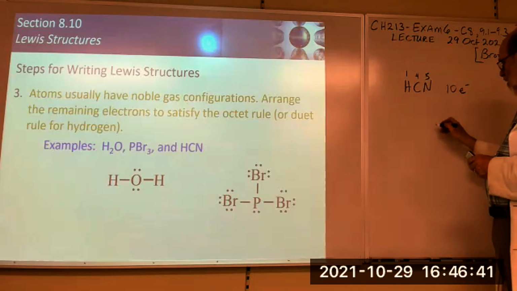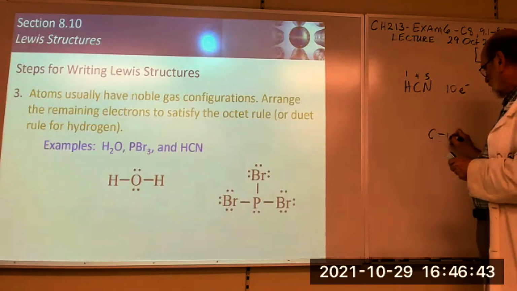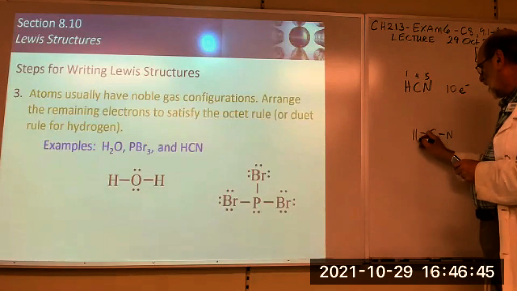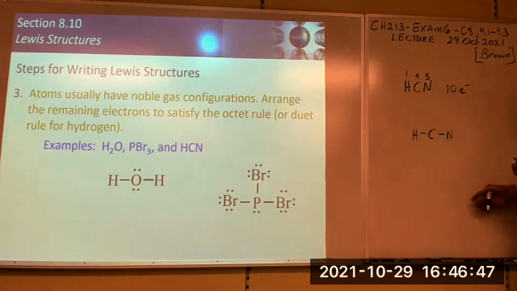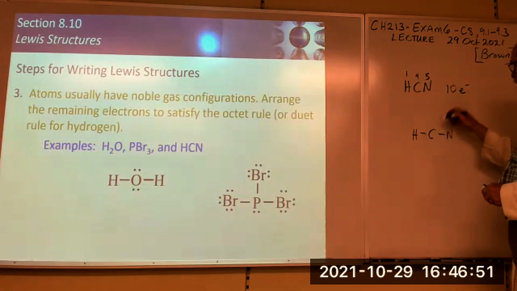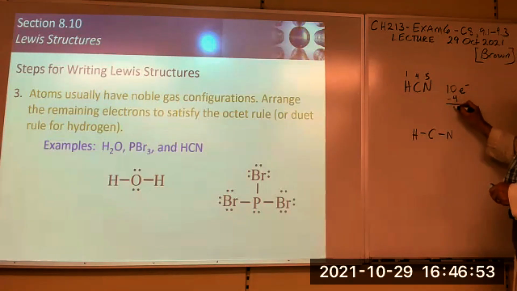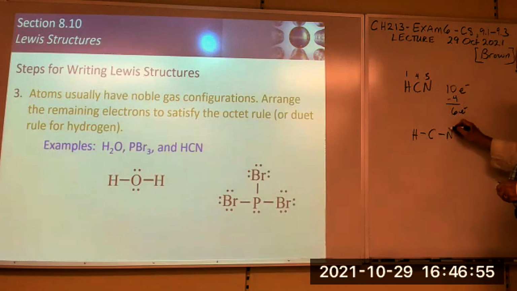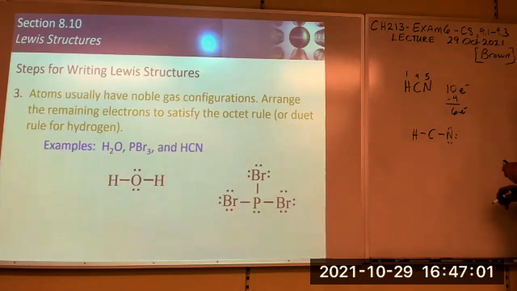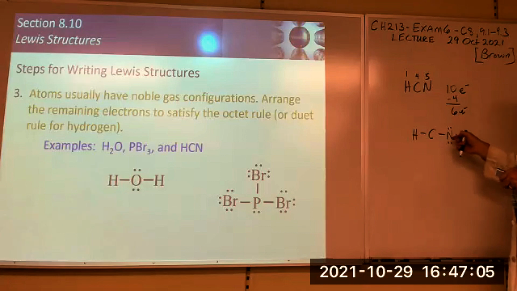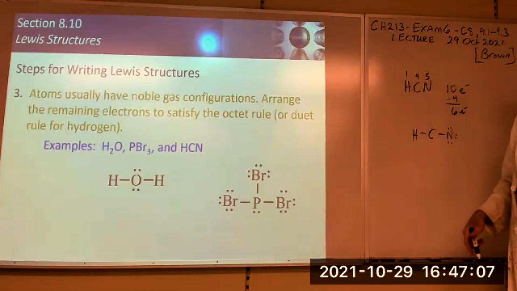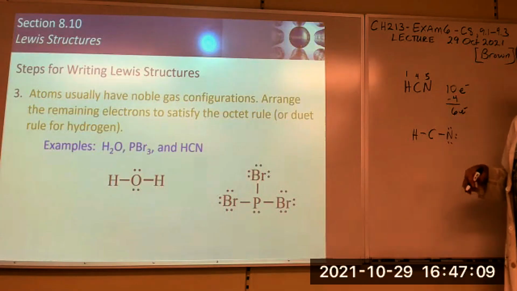Okay. Carbon's going to be in the middle. So we do 1 bond with nitrogen, 1 with hydrogen. Okay. Hydrogen's satisfied. We can't put any more there. So we got 2, 4, 6 electrons left. 1, 2, 3, 4, 5, 6. Okay. Now we've used up all our electrons, but nitrogen has an octet, carbon doesn't. So how do we fix that?